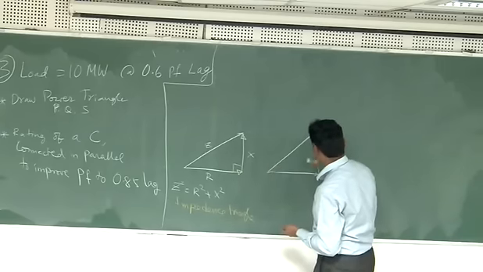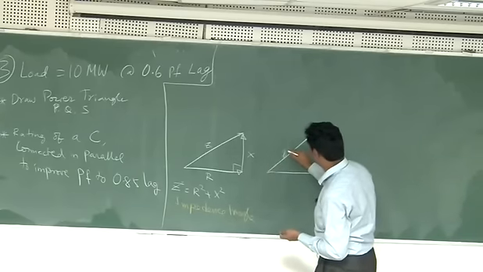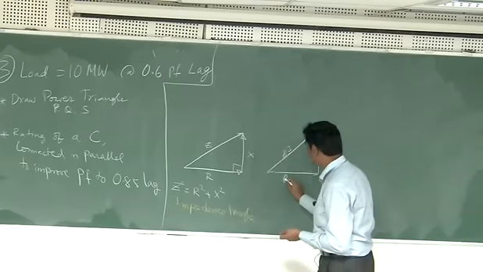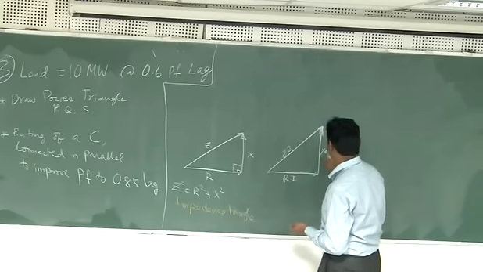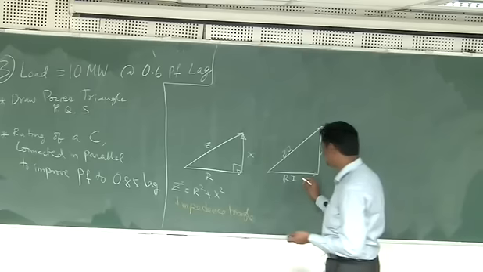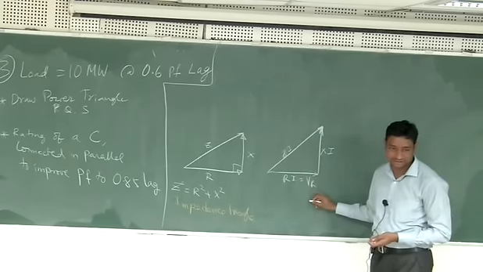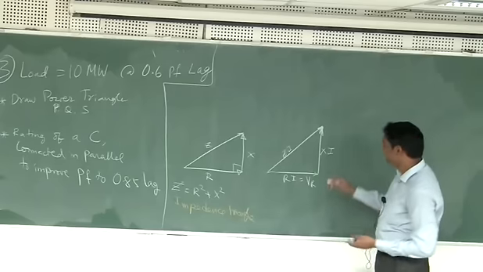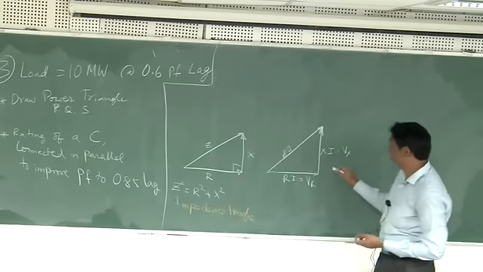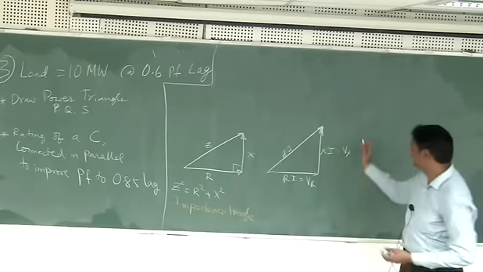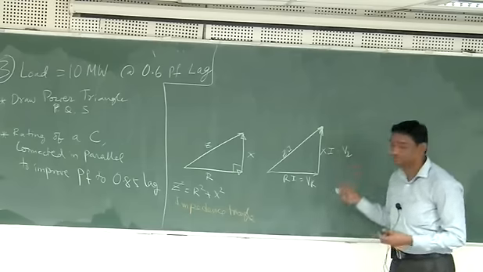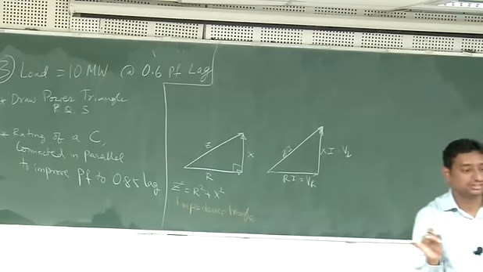In this case, this will be Z into I, this will be R into I, and this will be X into I. What is R into I? This is VR, the voltage across the resistance, and this is Vx, the voltage across the reactance. We use VL if it's an inductive circuit, the voltage across the inductance.